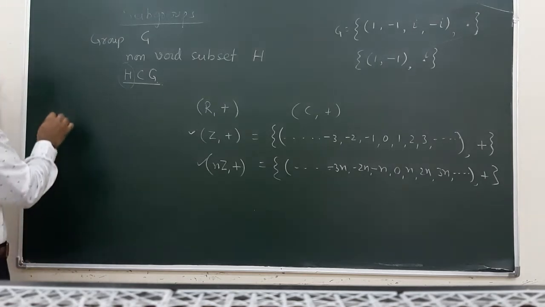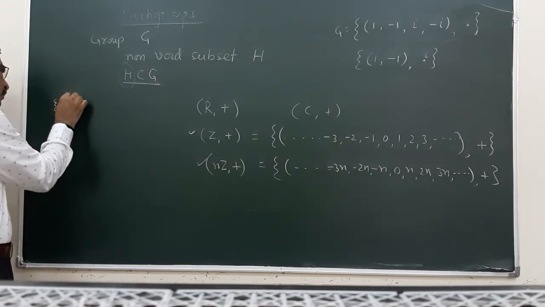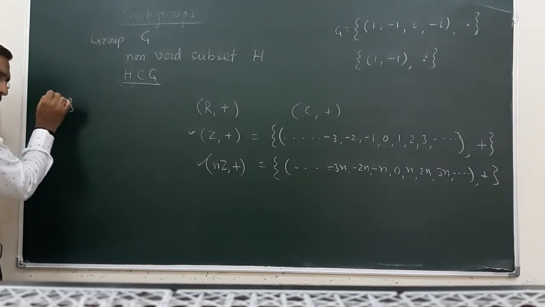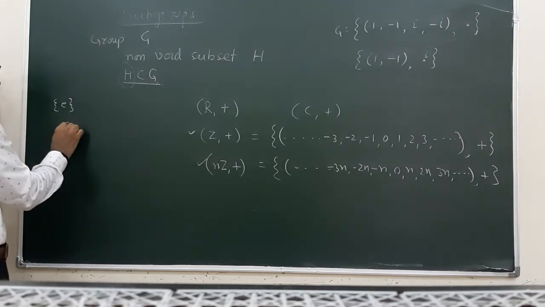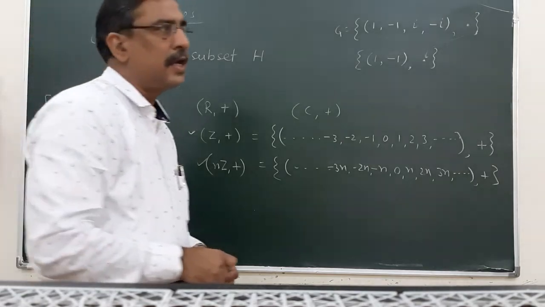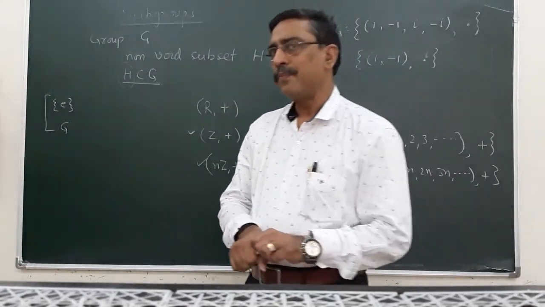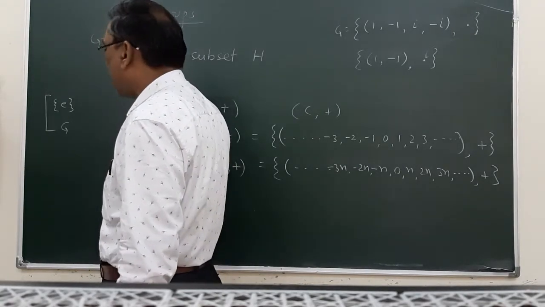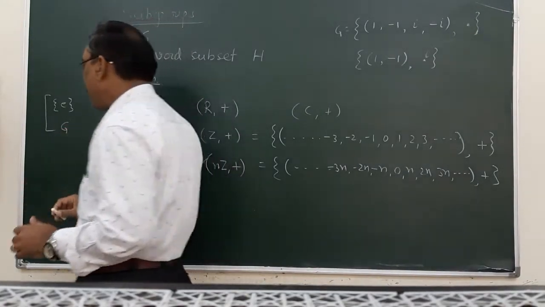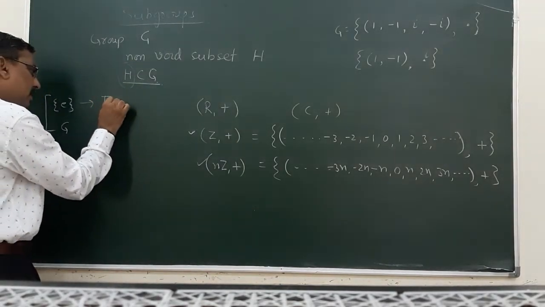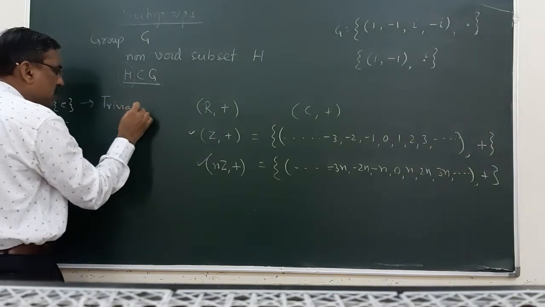Now there are two special subgroups: one is the identity element alone, E, and the other is G itself. These two subgroups are known as improper subgroups, and all other subgroups of G are known as proper subgroups. This E is known as the trivial subgroup.